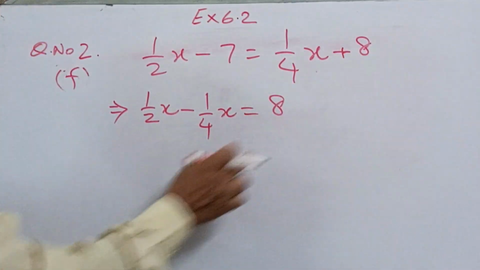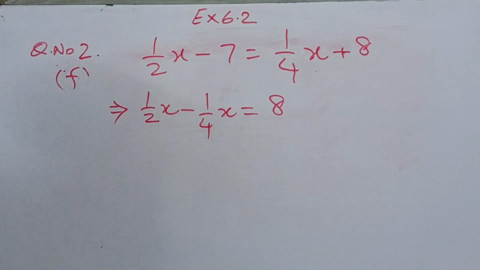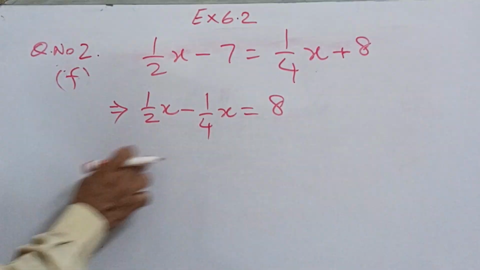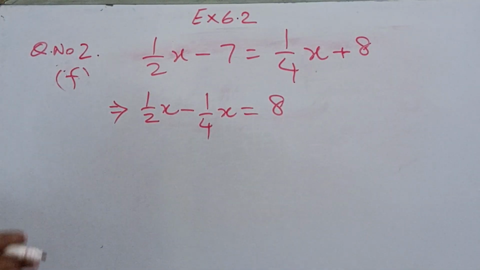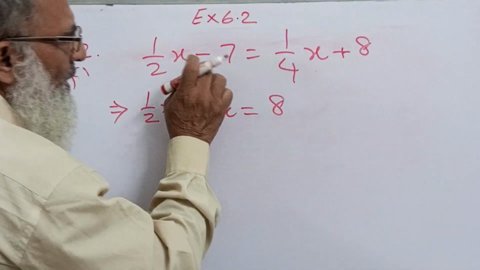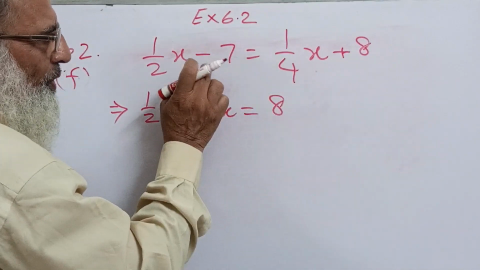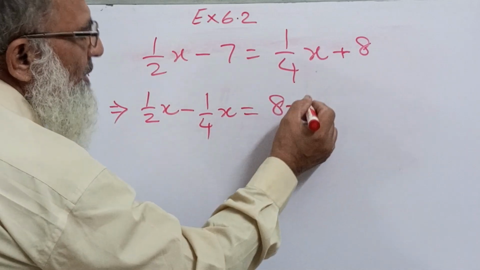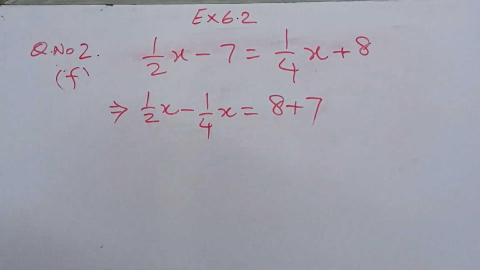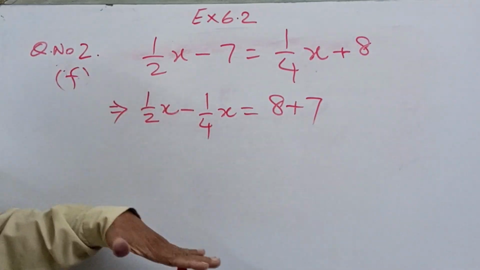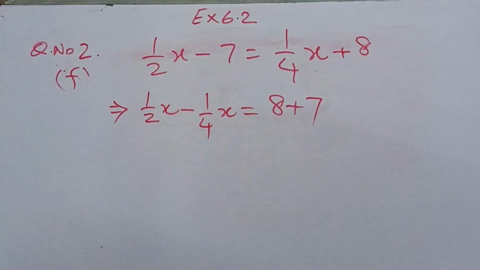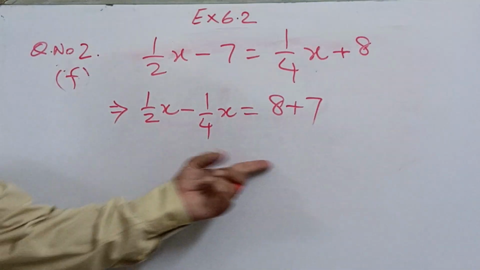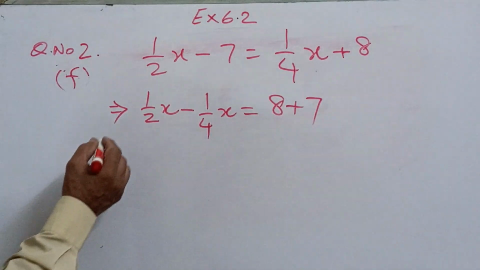Now this has been eliminated, already eliminated. You see it has come over here. So bring this -7 from here to here. When it shifts its position, it will become +7. You can always do it in detail. It doesn't matter. But if you are in a hurry, if you are in an examination, you have to use shortcuts as well.